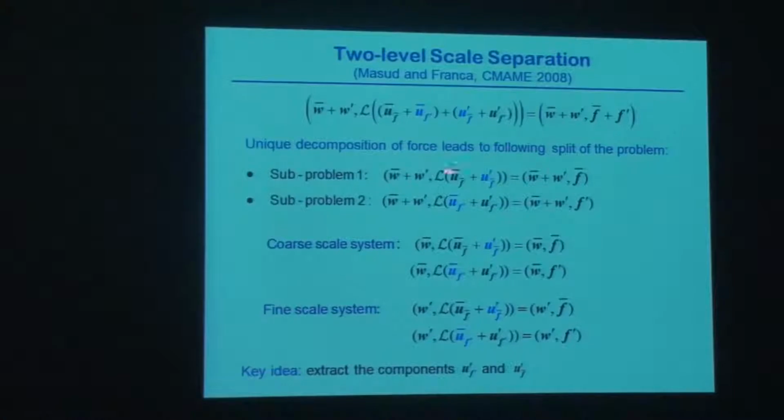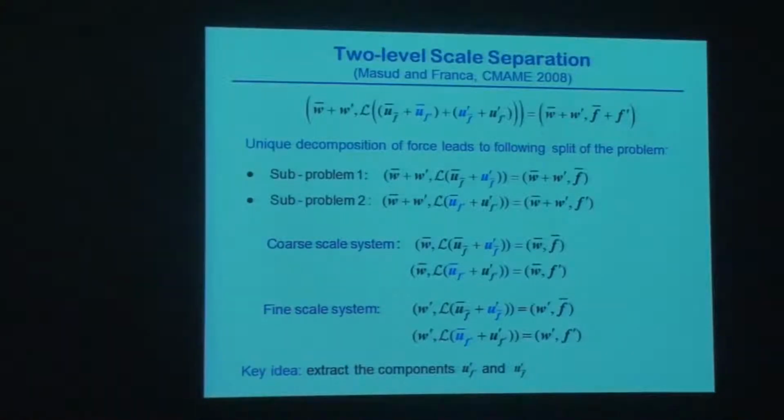Now, even subproblem 1, which is driven by F bar, has these two components sitting there, coarse and fine, and likewise F prime has coarse and fine. The key idea is at this point. Consider subproblem 1. Since, as I said, whether this operator is linear or nonlinear, whether this equation is linear or nonlinear, the weighting function is always linear.